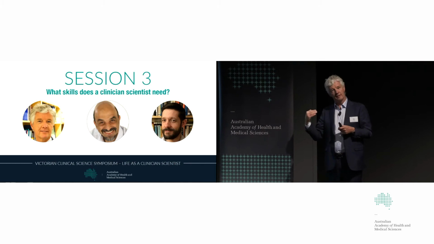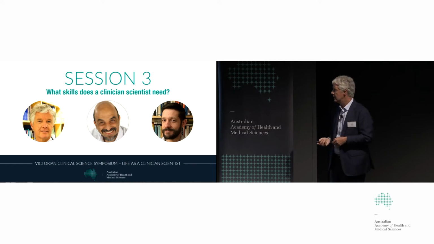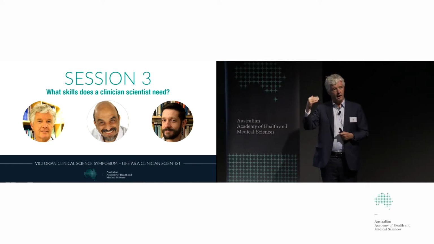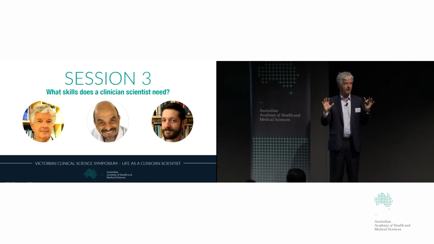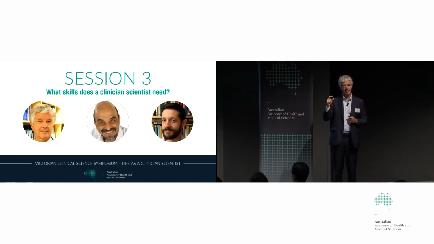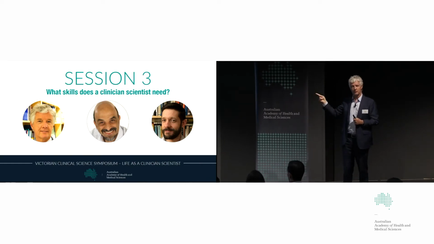Right, so I'll take you back to 1996 just for a moment. So as I described, I was driven, I was young, and I wanted to do my first big trial. And I was a CIA on an NHMRC grant, and that's my whole track record. Right there, 12 publications.